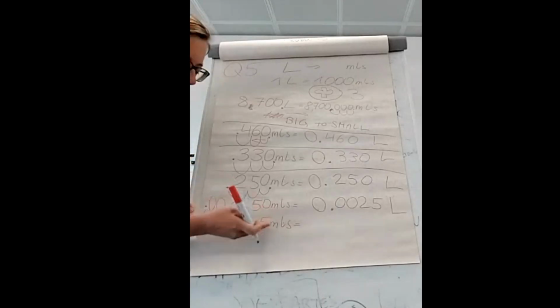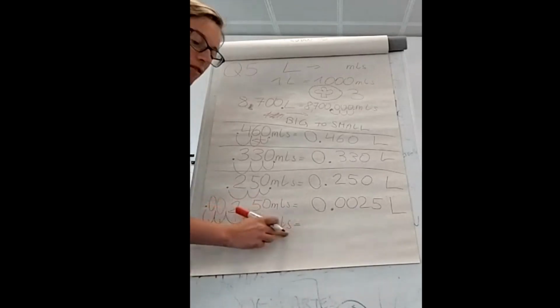You know how a spoon looks and filled with liquid? Okay, 2 of them. Good. Okay, so 5 mils.